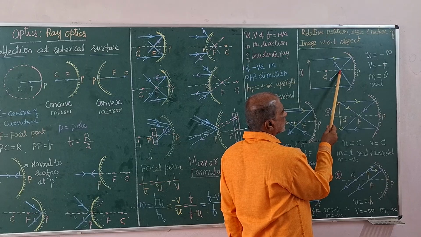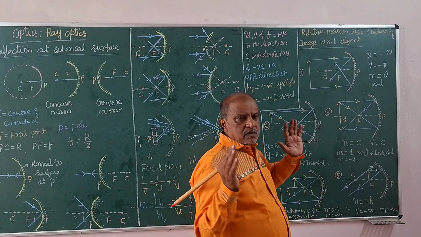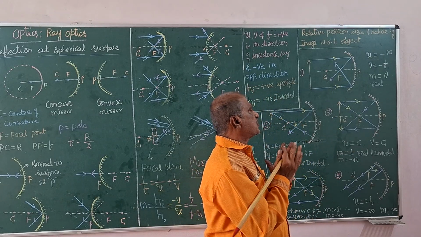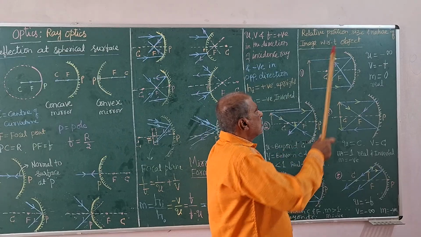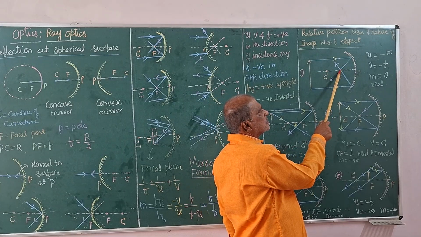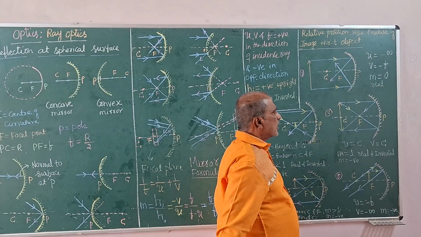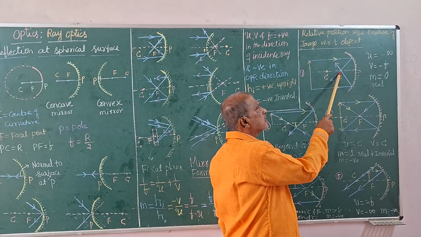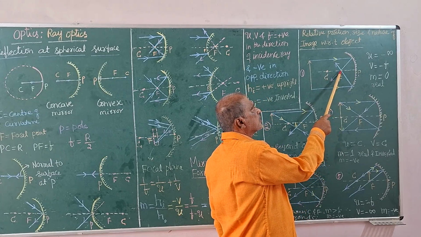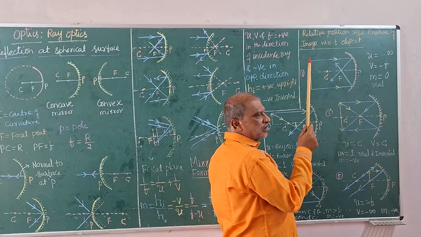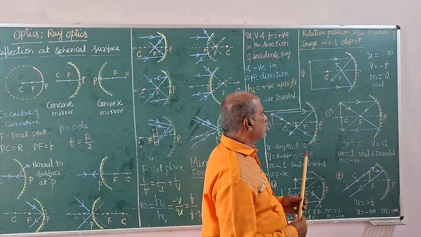Imagine that, it is completely diminished into a point or negligible size, which you cannot see. But the image is forming as a point image, whichever the size of the object, however big it is.